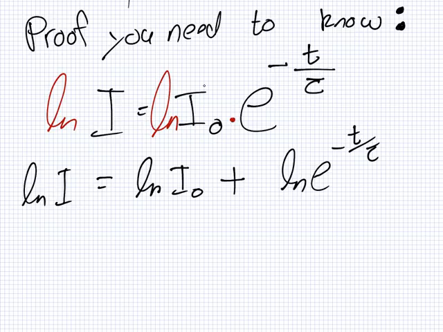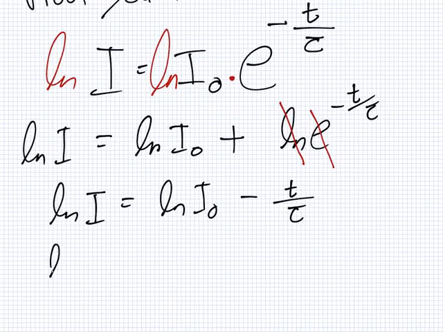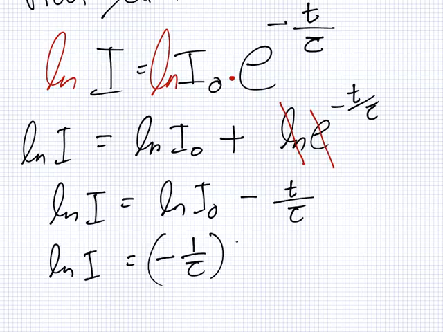Now, what happens here? T upon tau will come down. They cancel effectively. So you have log I equals log I0 minus T over tau. So log I equals minus 1 over tau T plus log I0.